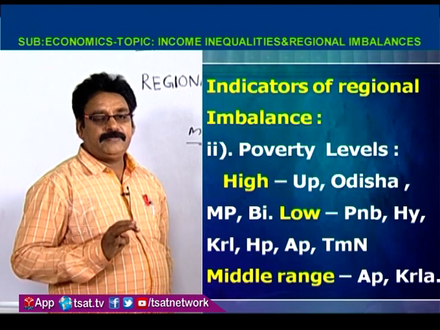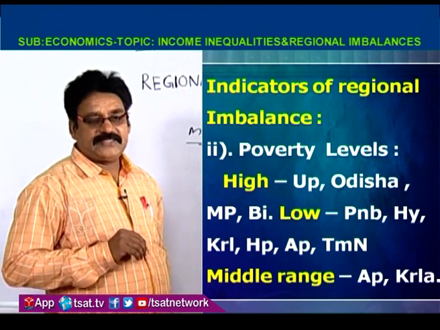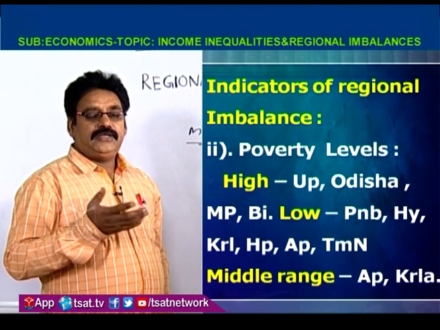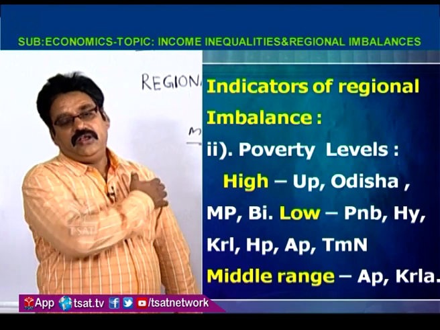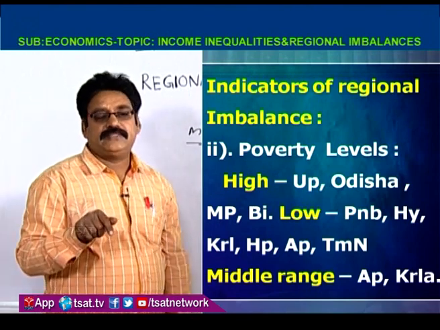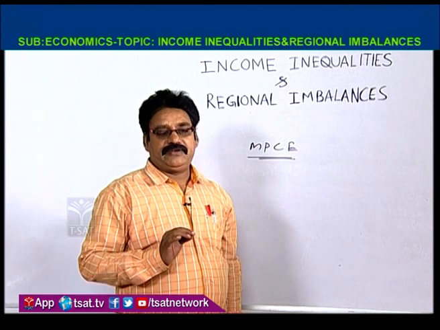The second one is poverty levels. In some states there are high poverty levels, and in some states low poverty levels. Because of the natural resources available in that state, income levels are high, so poverty levels are very low.